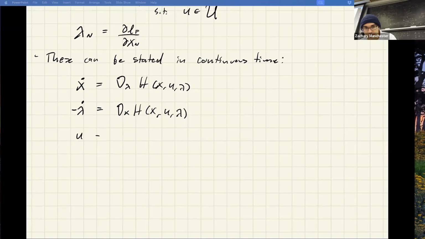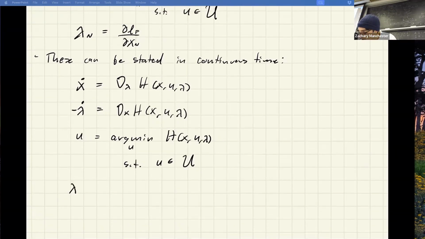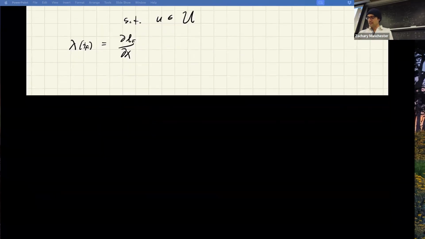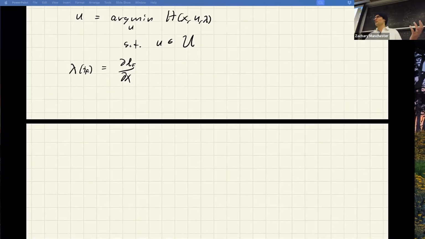Otherwise it's the same: you get x dots instead of x_{k+1}, that kind of thing. And then lambda of t final equals partial L final with respect to x. That's the continuous time version. Again, you can get that by taking a limit or doing painful calculus of variations if you want.